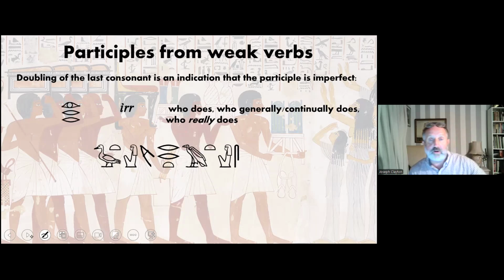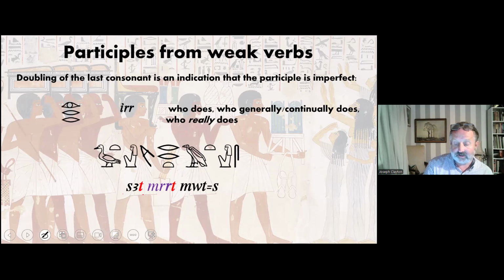So, weak verbs are generally a lot easier to do these things. So, doubling of the last consonants indicates the participle is imperfect. So, irer is who does, who generally or continually does, who really does something, like intensive. So, what we've got here, we've got sat, so a daughter, merert. So, that's imperfect.